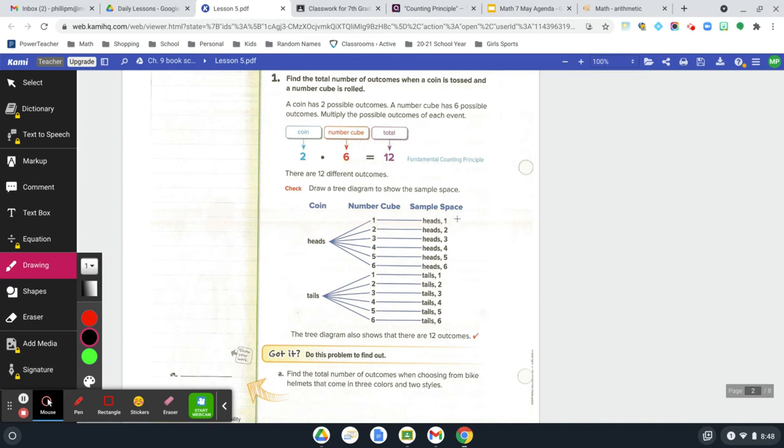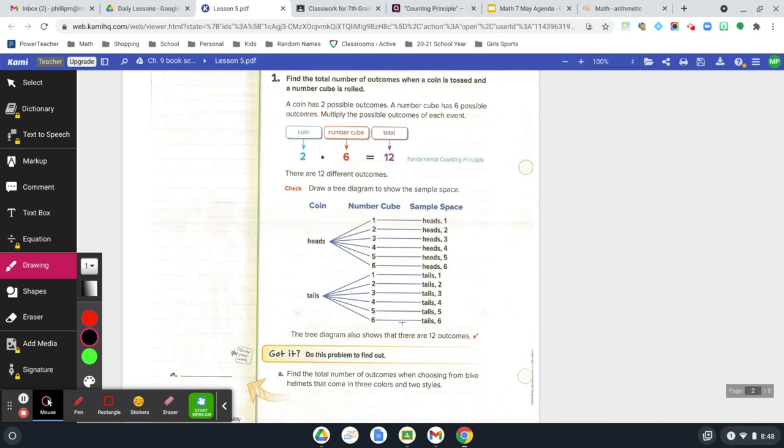Because if you look at the sample space, if you flip heads and get a 1 on the number cube, that's a possible outcome. Heads and then a 2, heads and then a 3, and so on. You're going to see the same thing with tails, right? So tails on the coin comes up, and then a 1, tails, and then a 2, and so on. If you were to count this entire sample space from the tree diagram, you are also going to see 12 outcomes.